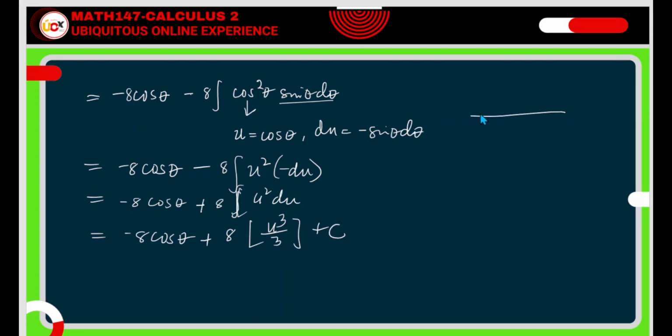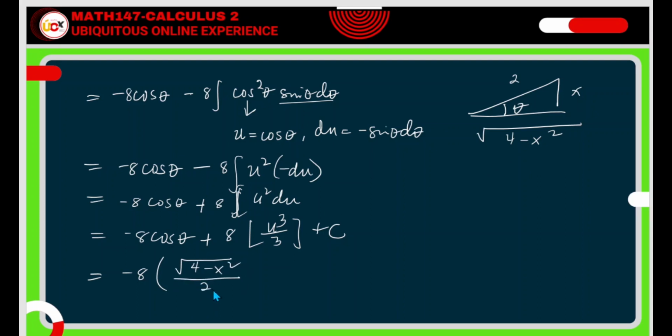But recall the right triangle, with theta, the opposite side as x, the hypotenuse as 2, so the adjacent side is the square root of 4 minus x squared. Solving for cosine, this should be negative 8 times cosine theta, which is the square root of 4 minus x squared all over 2, plus 8 over 3 times u cubed.